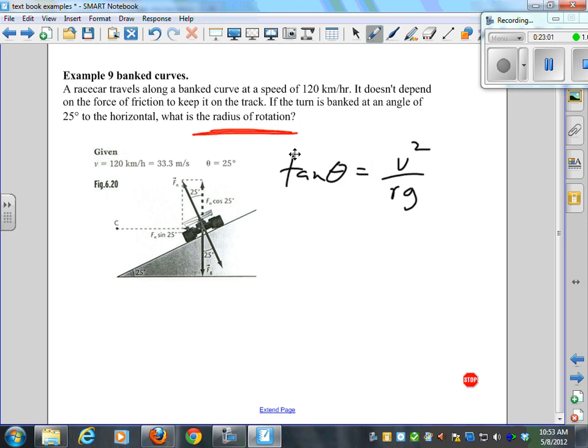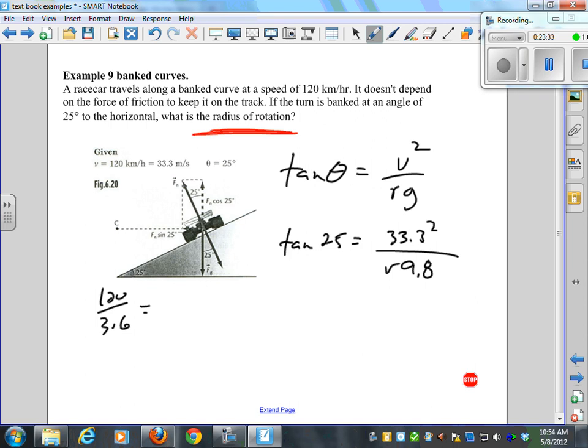How do you get the r out of that? Well, how about we first take 120 and divide by 3.6. Okay, 33.3. So we're going to write tan 25 is equal to 33.3 squared all over r times 9.8.